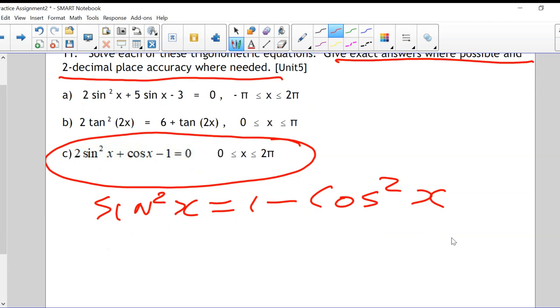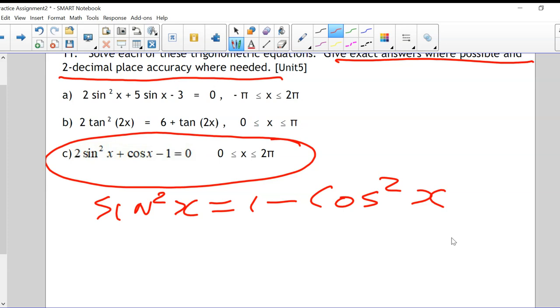So I'm going to make a substitution. I want everything to be in terms of either cos or in terms of sine. I don't want sine and cos in the same equation. Just like when we're doing the cofunction question where we had to have everything in cosecant or everything in secant. I want the same thing to happen here.